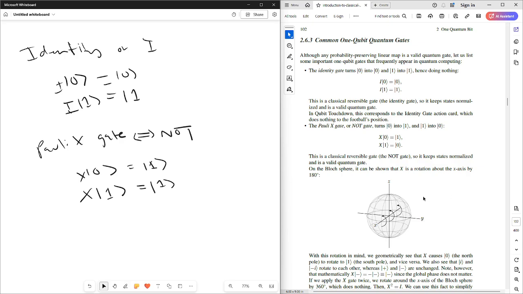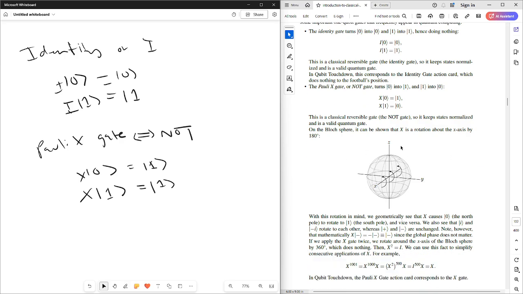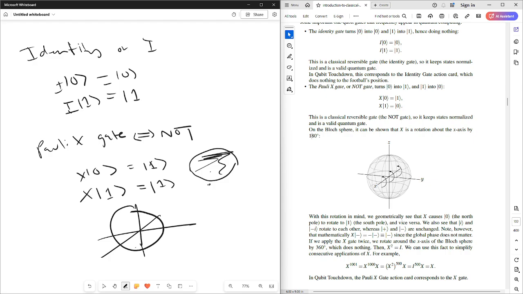Once again, we can see that it's a rotation around the x-axis of 180 degrees. So again, gates just rotate. So we have a point here on our Bloch sphere, that's not even vaguely spherical. Say it's here. We're going to rotate it 180 degrees.